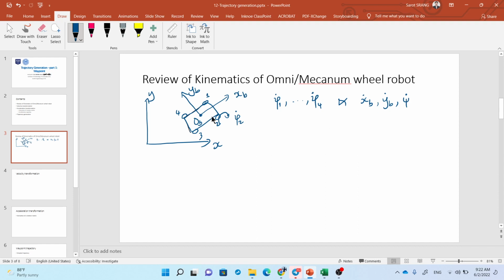Where psi is the angle between the x-axis of global frame and the body frame. Okay. So kinematic is the relationship between this group and this group. Okay, called kinematic. So I just say relationship.